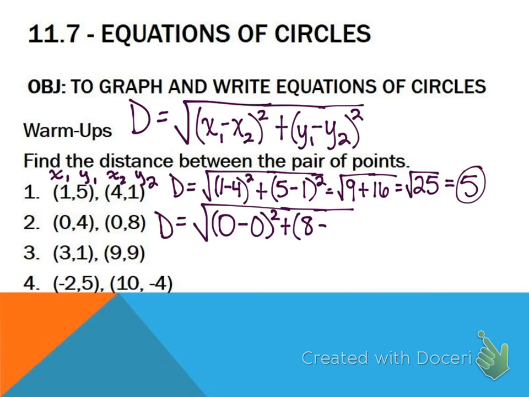Okay, 8 minus my other y value, 4, that gets squared. Now if I take 0 minus 0, I get 0, and I square it, I still have 0. So if you want to write it, you can, but you don't really need to, because it's not going to change anything in the back. 8 minus 4, 4 squared. The square root of 16 is 4.